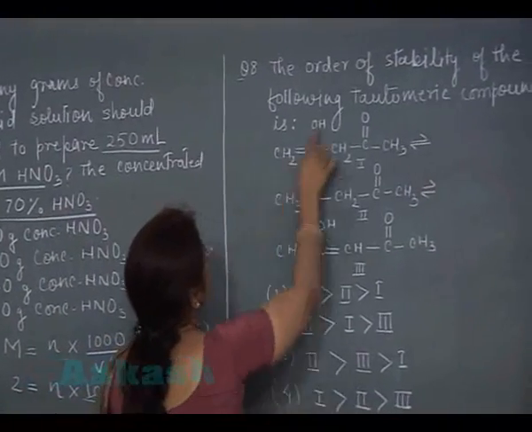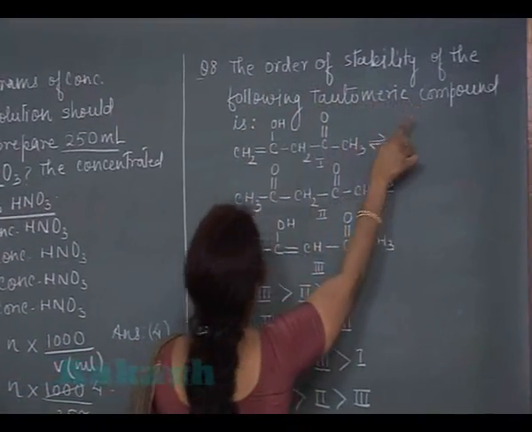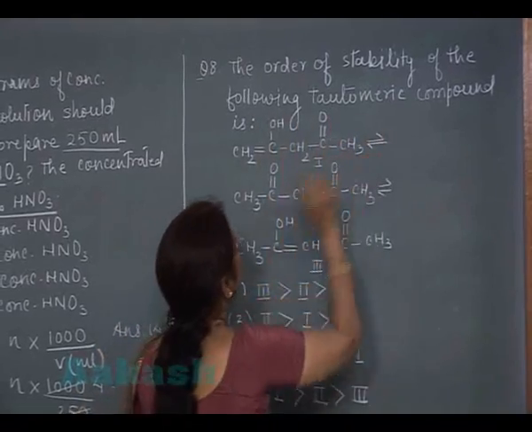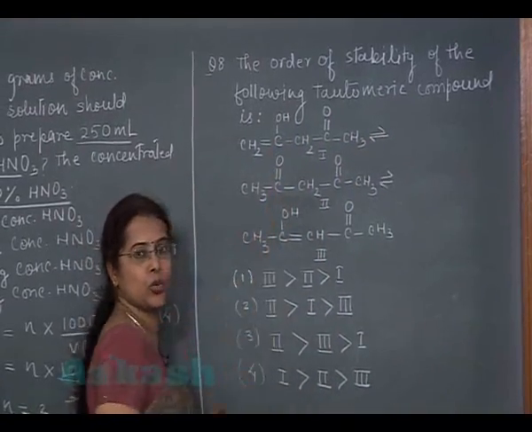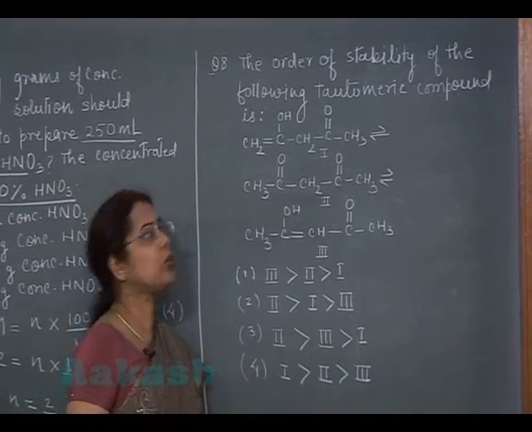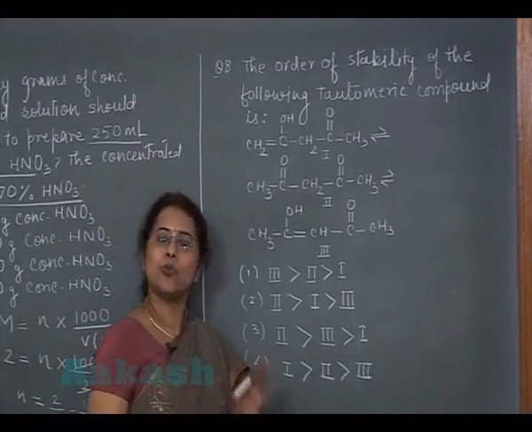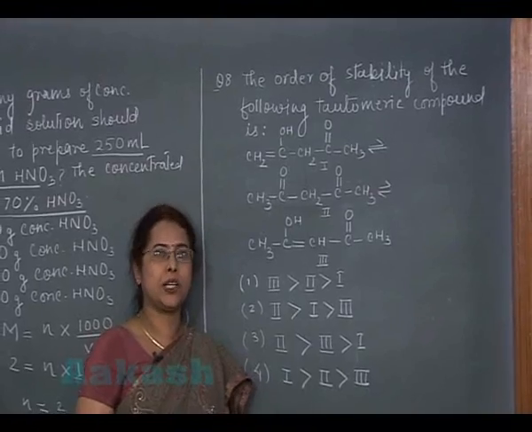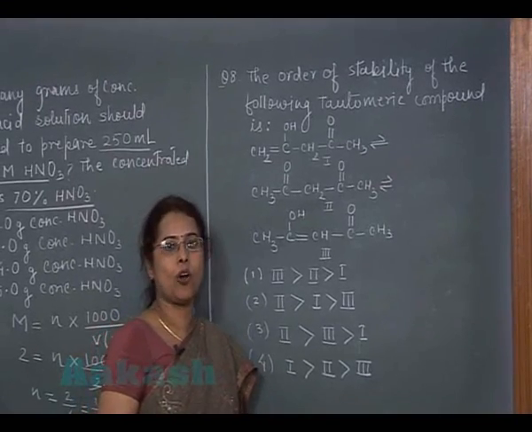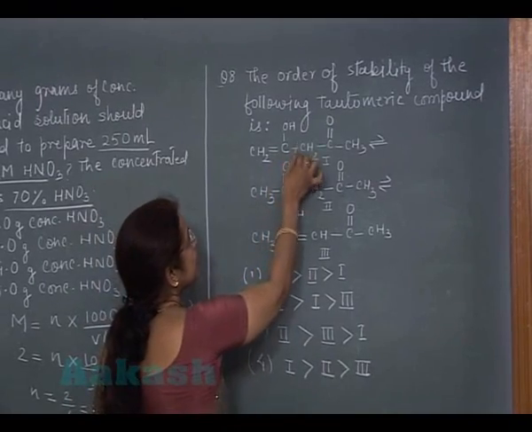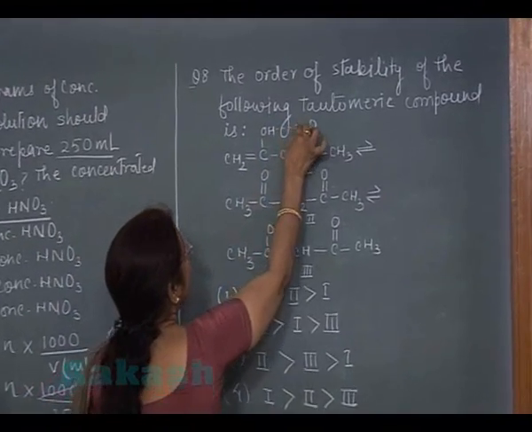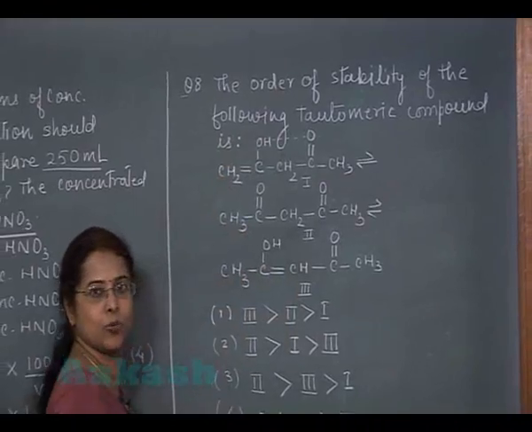Question number 8 is the order of stability of the following tautomeric compound is. Tautomeric structures are given in the question and we have to find out the order of stability. We must know that stability depends upon the stability of a structure. Now see the structure. In first structure, there is possibility of intramolecular hydrogen bonding.